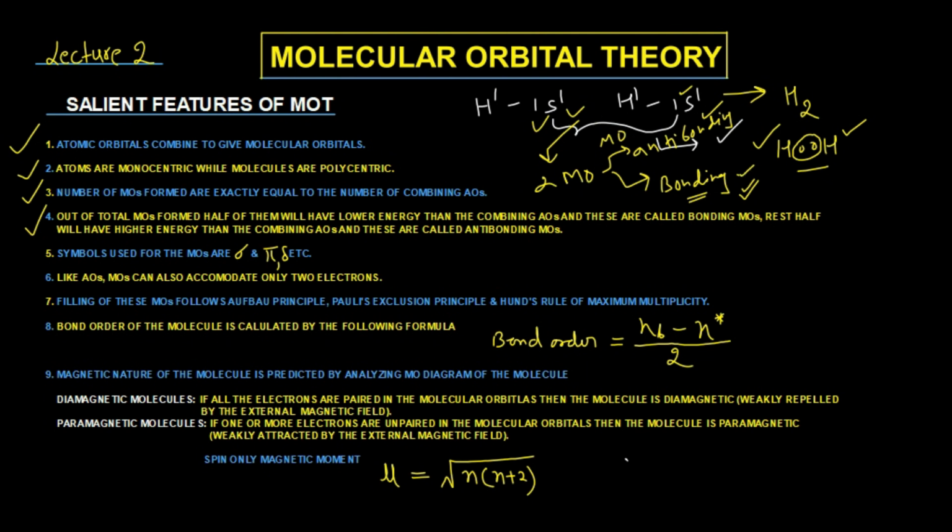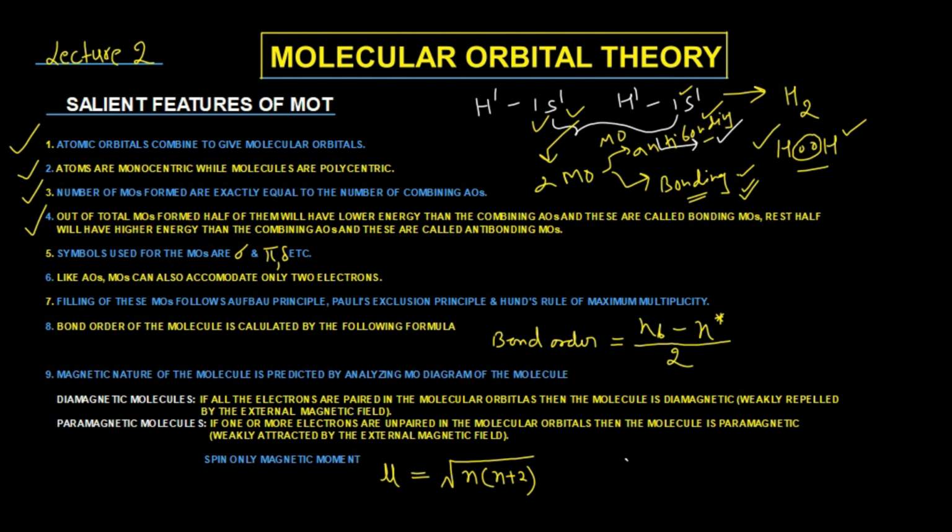Similarly, in anti-bonding orbitals, both the nuclei are exposed to each other, as I have explained in the linear combinations of atomic orbitals, so repulsion would be there, and due to this repulsion the energy of the system increases. That's why the high energy orbital is called anti-bonding molecular orbital, which I have written here. I hope this point is quite clear right now.